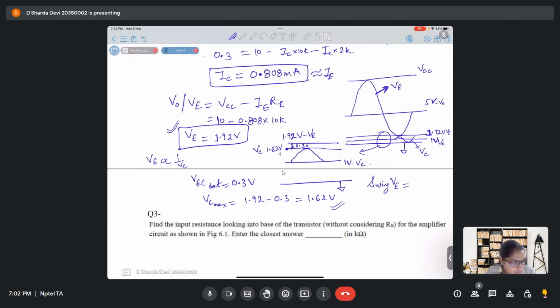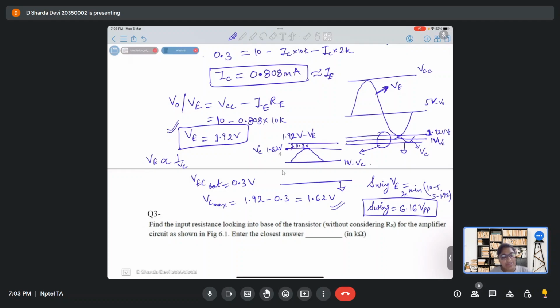So how much will it be? It is twice the minimum of 10 minus 5 or 5 minus 1.92. So the swing will be 6.16 volts peak to peak. Is this clear? Yes, ma'am.